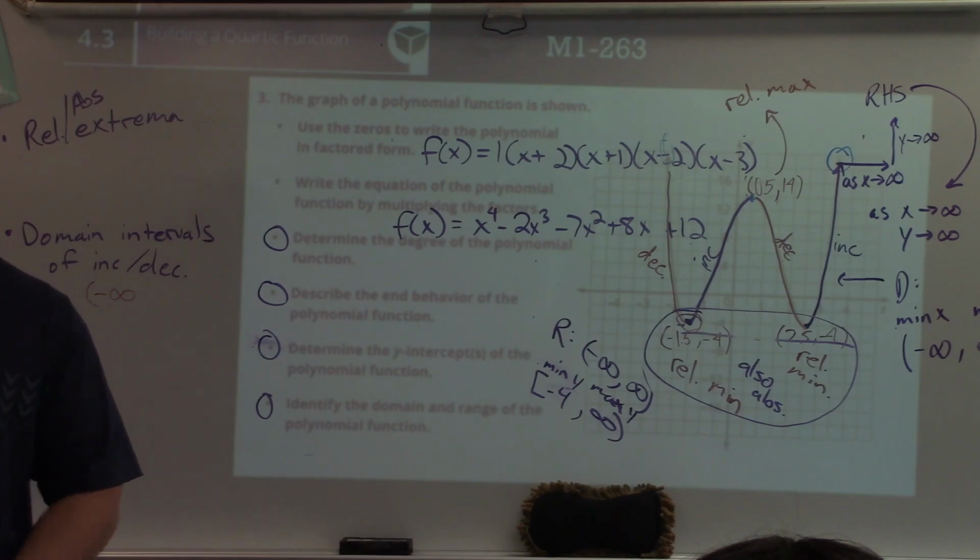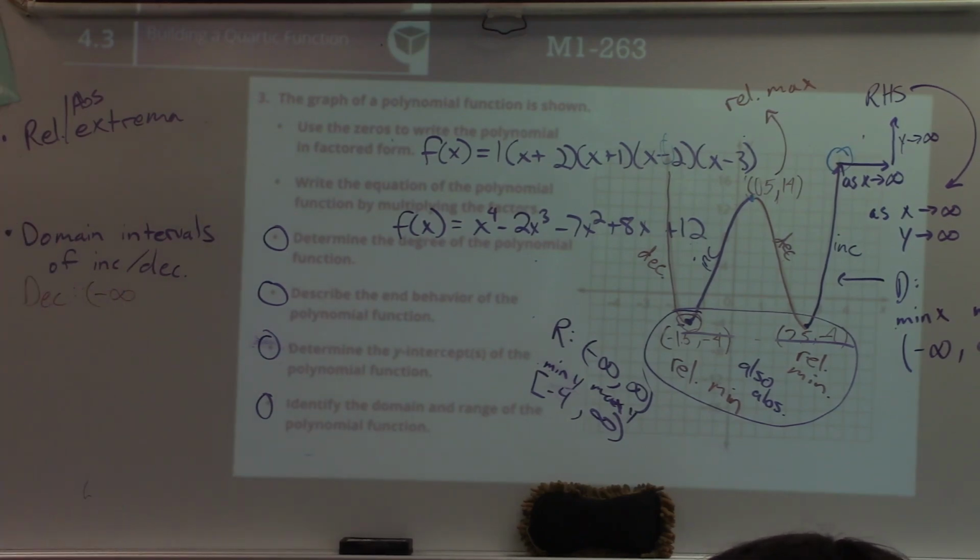Say again? It's to the left. I need you to remember, what kind of intervals are they? Domain intervals. Madison, when we say domain, are we talking about x or are we talking about y? Say it louder like you believe it. It's x, there we go, right? Domain intervals are x values.